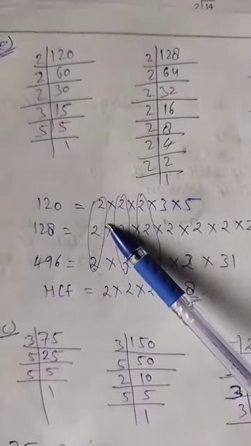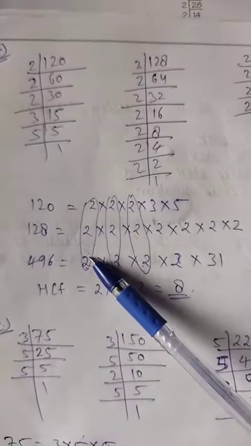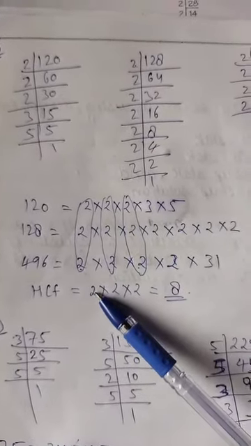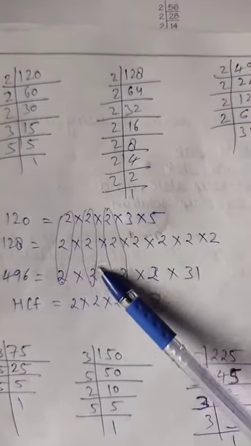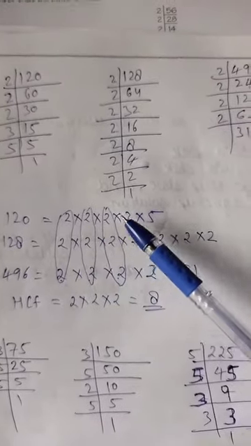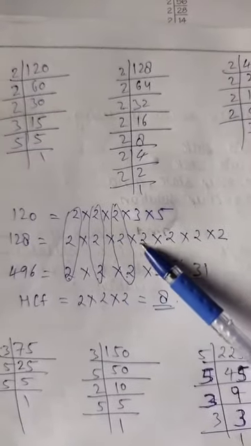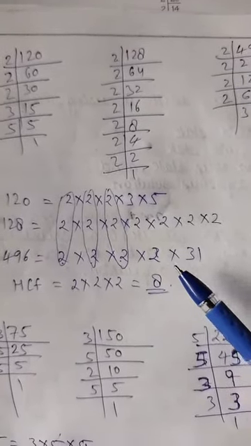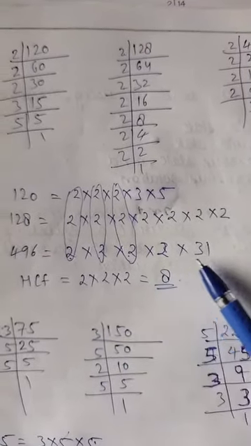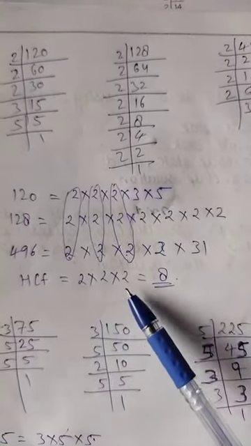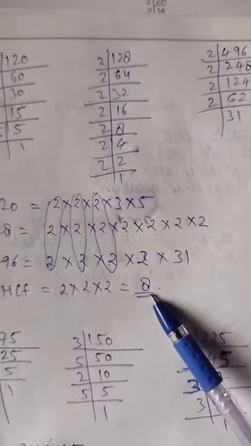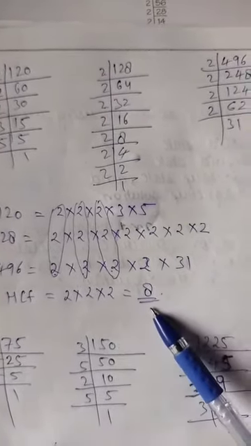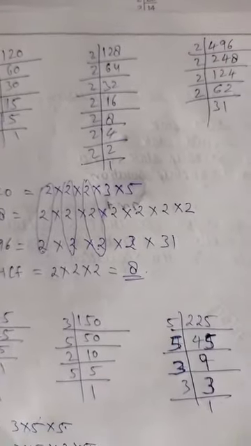Like this, 2 is coming in all the 3, so you take out 2. Again 2 is common, and again 2 is common. No other number is common, so you will not take any other number. Now 2 into 2 into 2 is 8. So this is your answer.